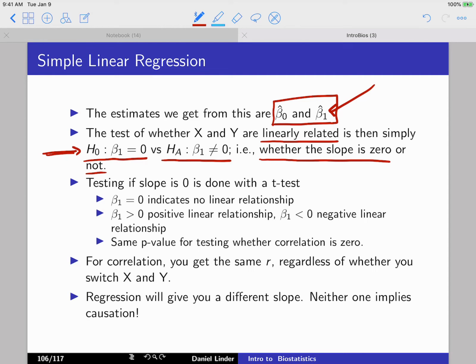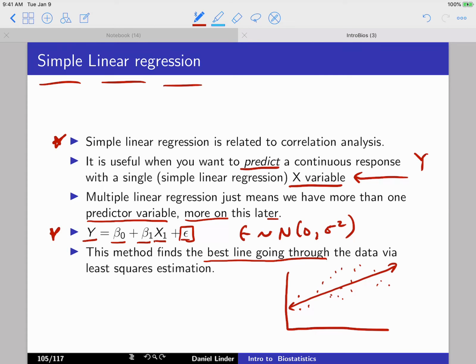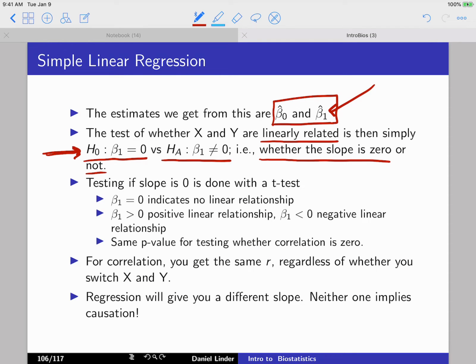As I said on the previous slide, if the normality assumption on the residuals does indeed hold, then we can test this slope equal to 0 based on the t-test.